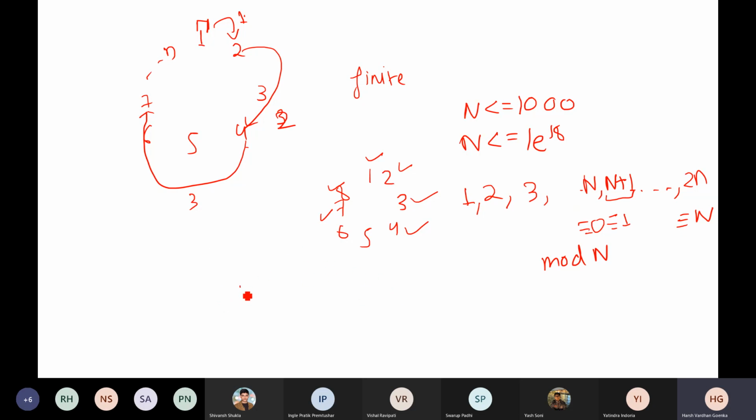I am moving by distance 1, 2, 3, up to n, and I come to 0. So let's not assume it from 1, but use 0-based indexing rather than 1-based indexing.